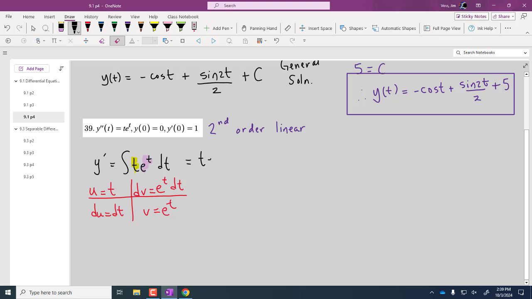So t e to the t minus the integral of e to the t dt. All right, and this is second order, so I'm going to subscript that constant. Anyone have an issue with that first integration? Make sense?